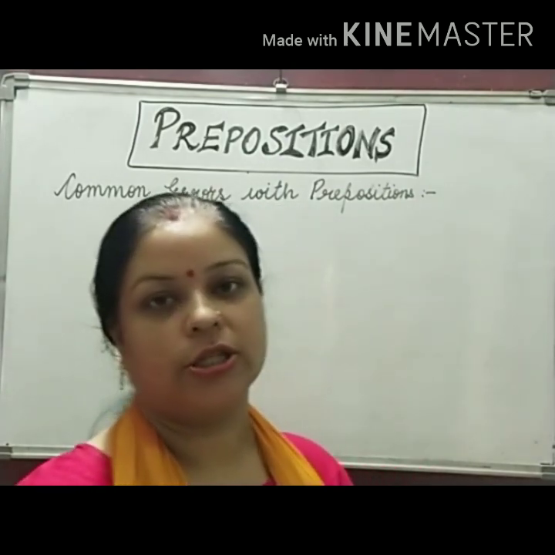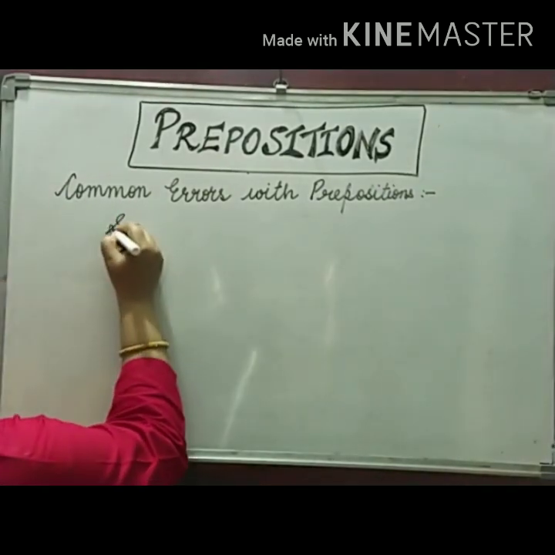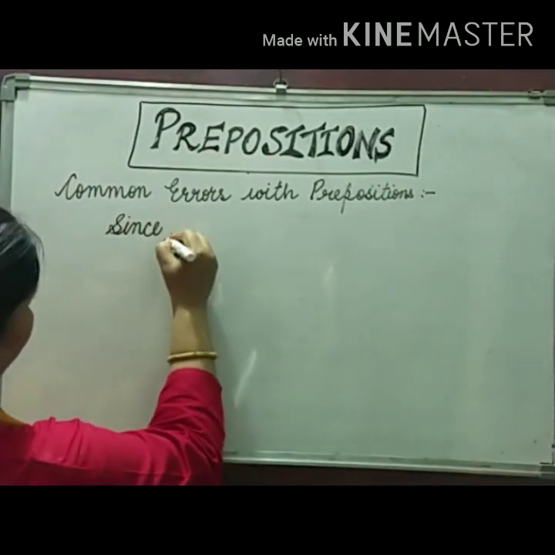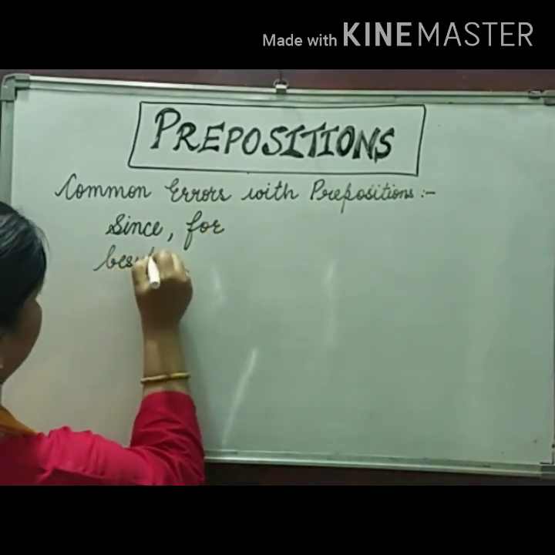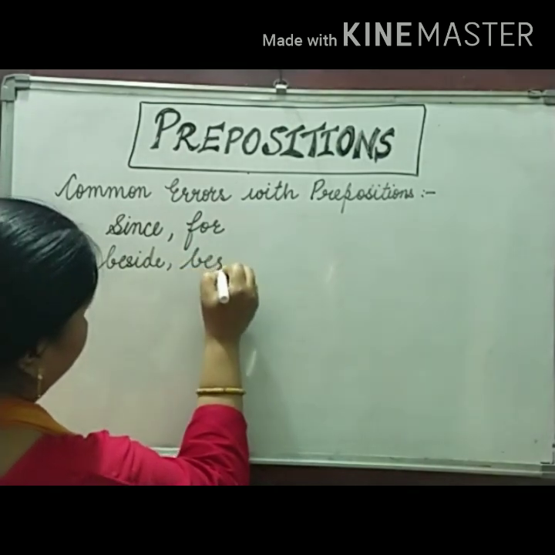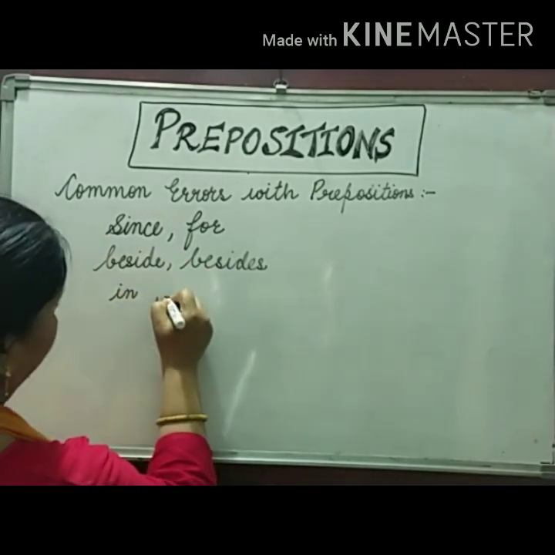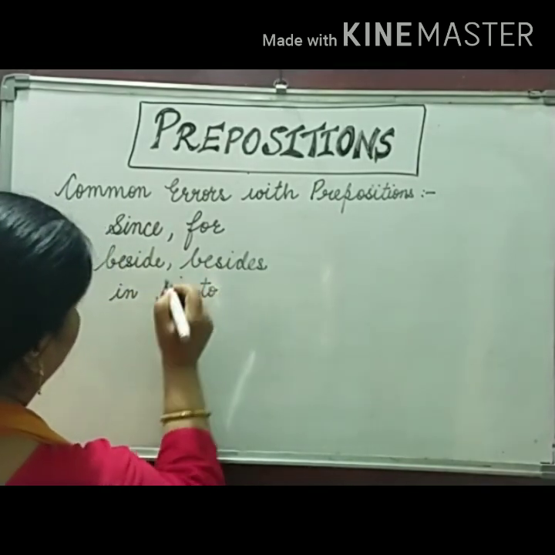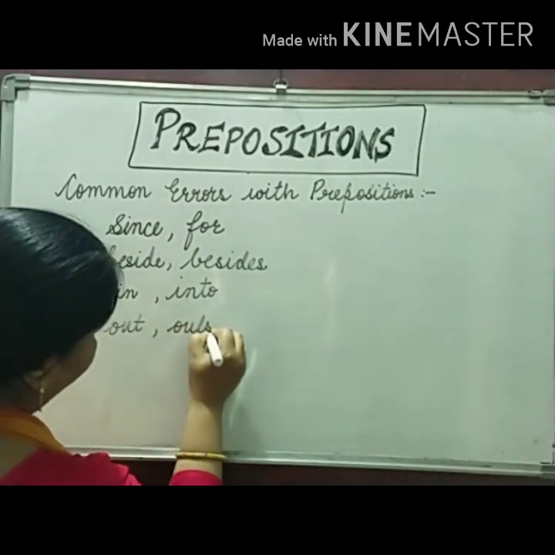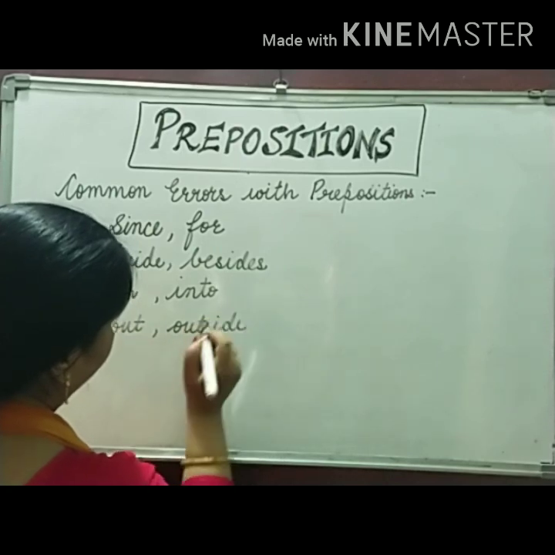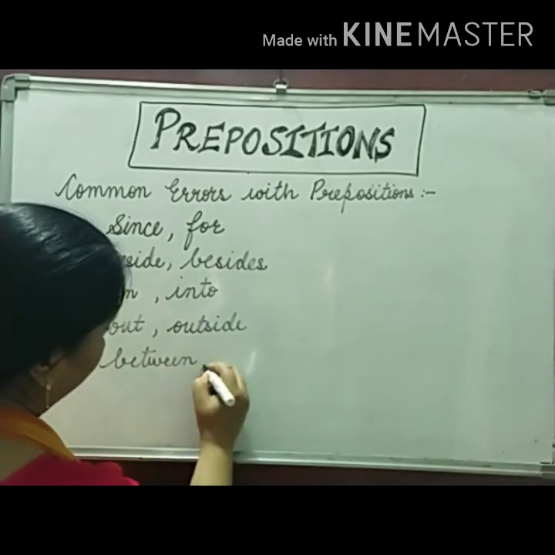Some of the prepositions that are very common where we make mistakes are since, for, beside, besides, in, into, out, outside, then between, among.